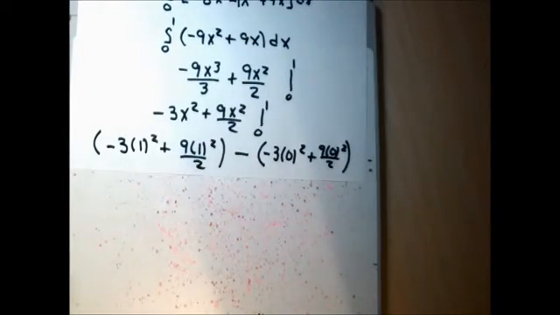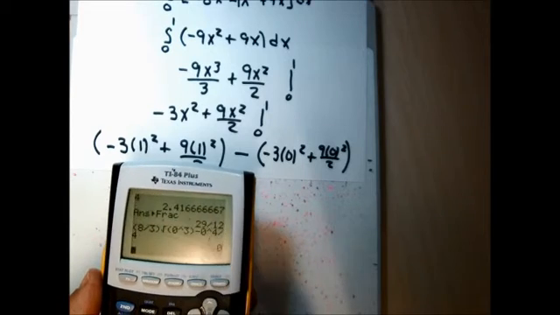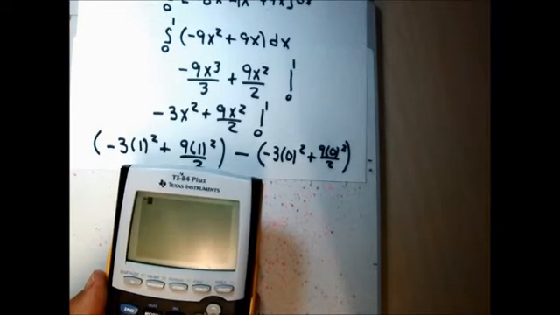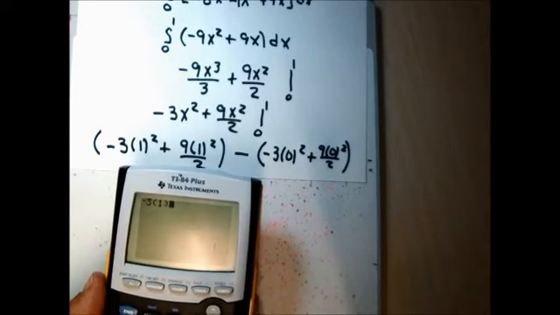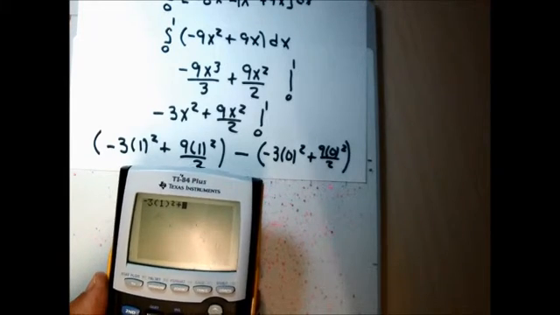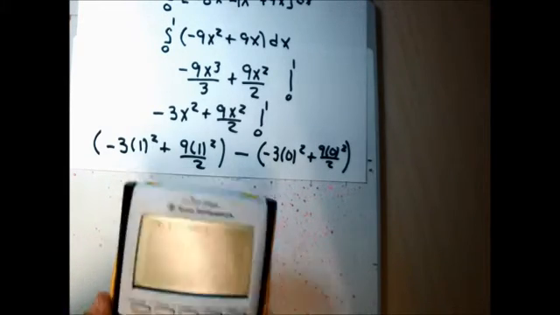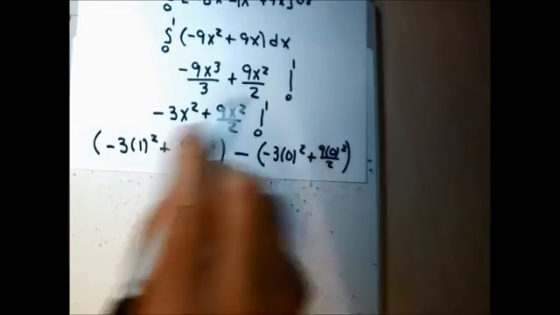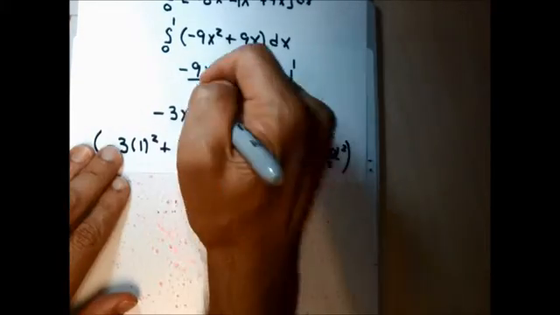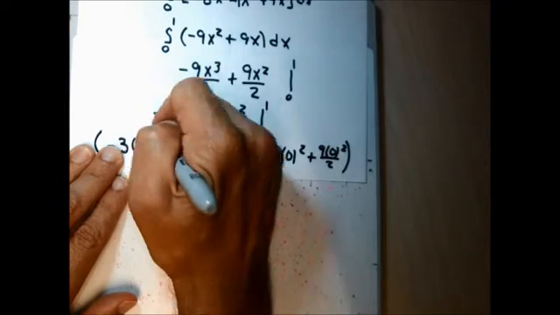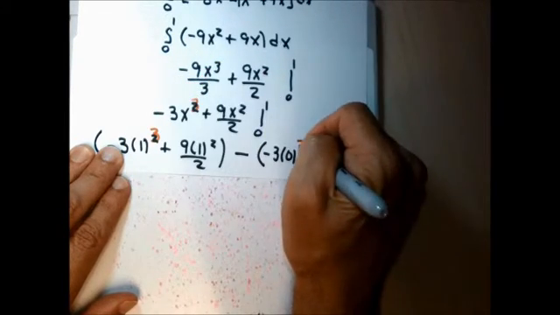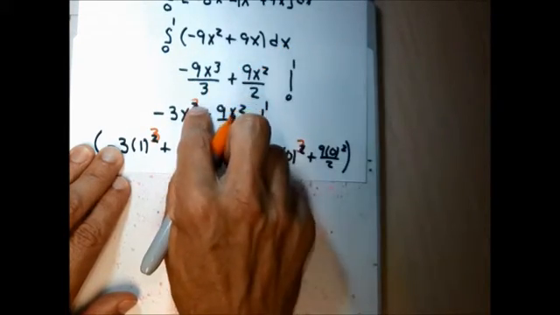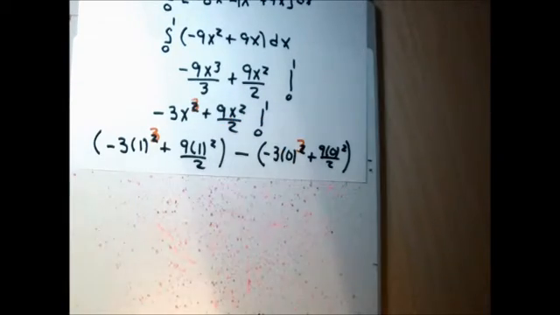So now on my calculator, first parentheses, main screen, negative 3 parentheses 1 squared plus 9 times 1. Oh, this should be cubed. I dropped my exponent there for no real reason.